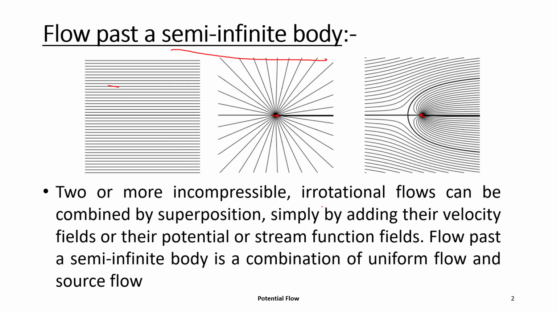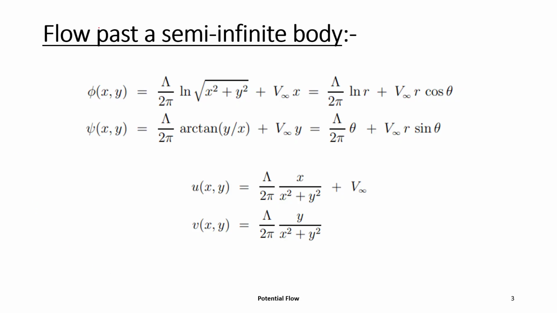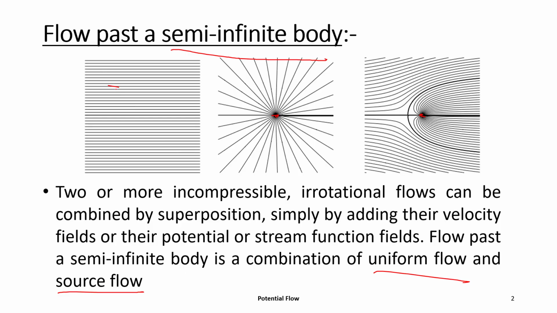Two or more incompressible irrotational flows can be combined by superposition simply by adding their velocity field or potential or stream function field. Flow past a semi-infinite body is a combination of uniform flow and the source flow. So this is the combination of source flow and uniform flow.